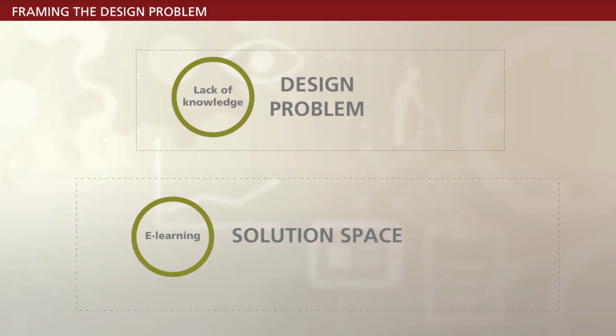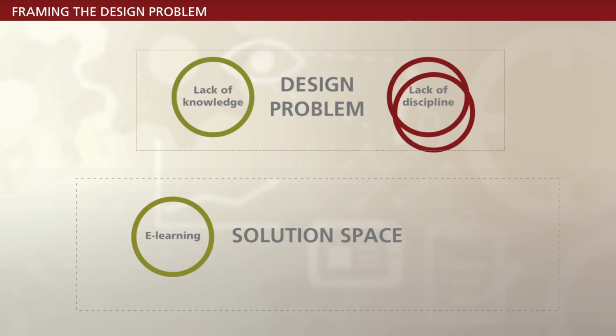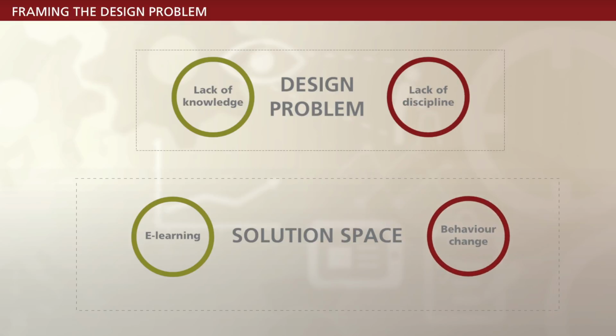However, if you frame the problem as if people with diabetes perhaps know about healthy diets, but for some reason don't have the discipline to follow through, then the solution is likely to become a different one. For instance, a behavior change system. Which framing of the problem that opens the most relevant solution space is up to you to explore when you problematize.